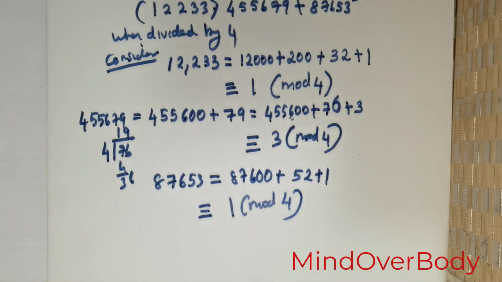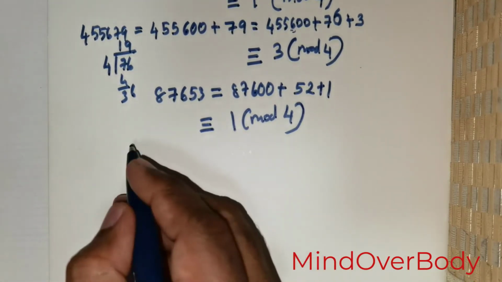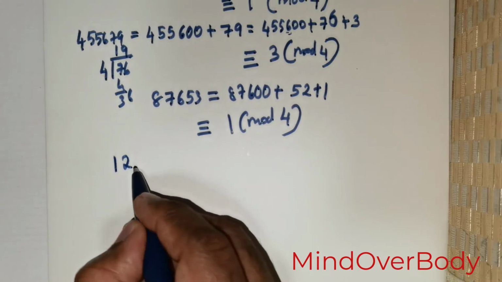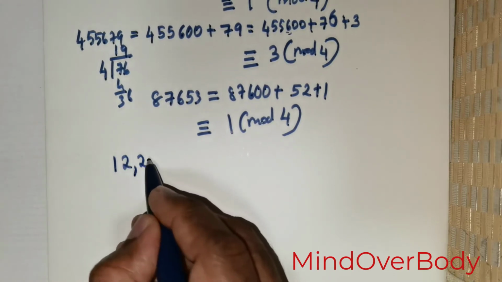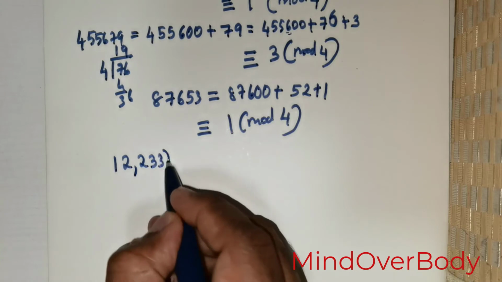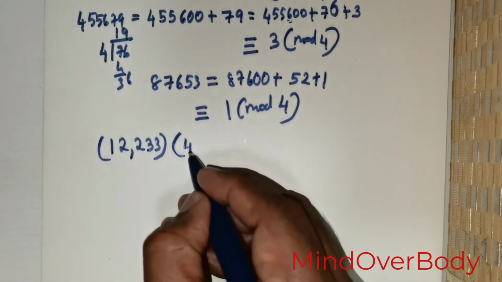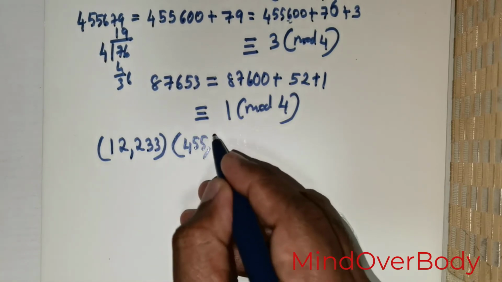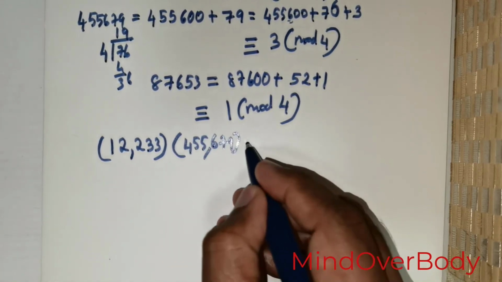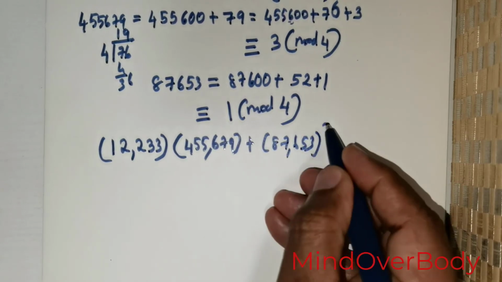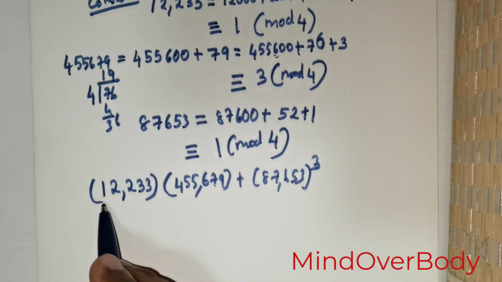That's fine. So now let us come back to the final question. The question is, this is what the question is: 12,233 is actually multiplied with 455,679 added with 87,653 raised to the power 3. Now check this out.